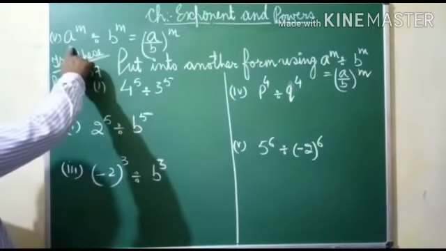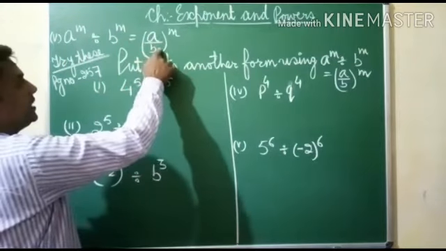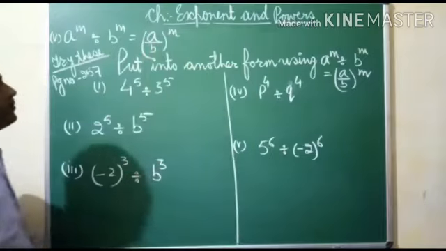Next, based on this law, that is a raised to m divided by b raised to m is equal to a over b whole raised to m.